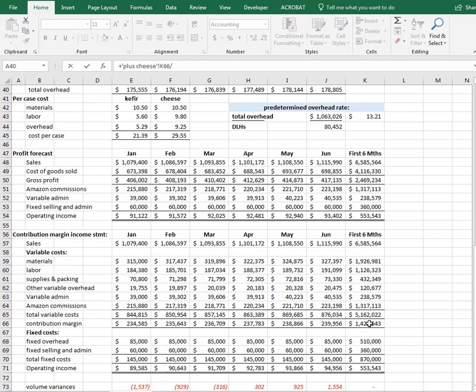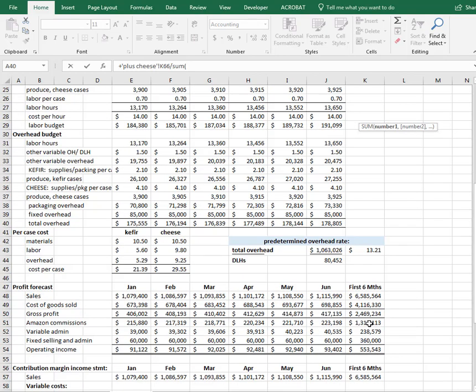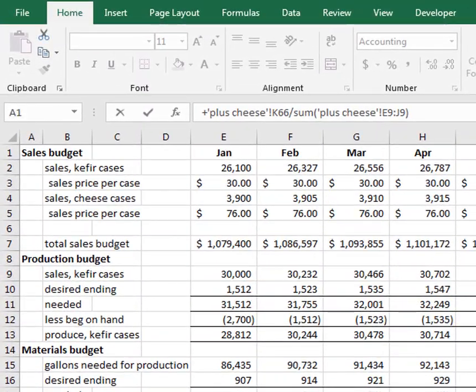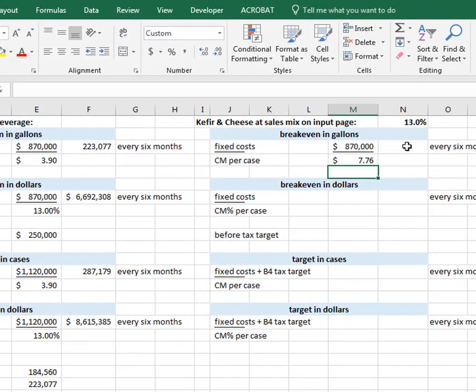So the contribution margin divided by the sum of the cases sold. All right, quite a bit different.